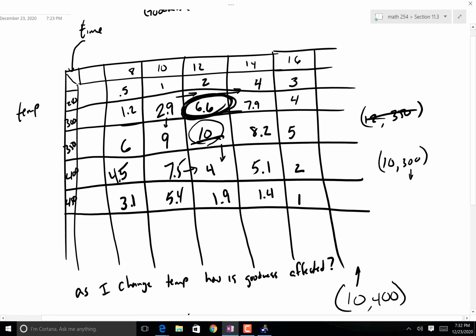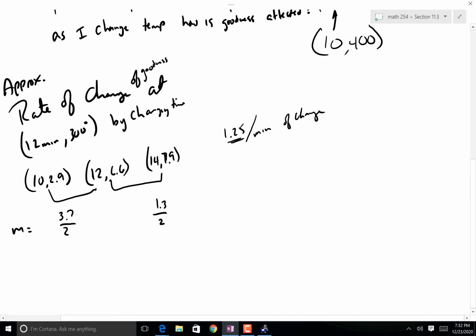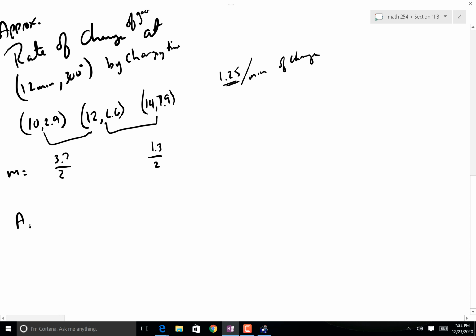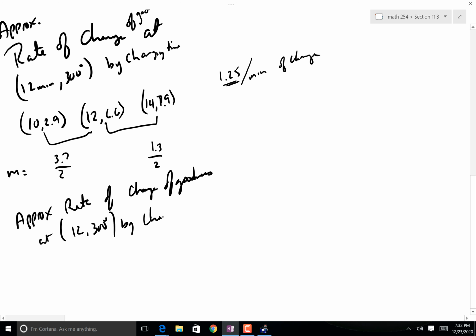Now what about if I approximate the rate of change of goodness at 12, 300 by changing temp instead.